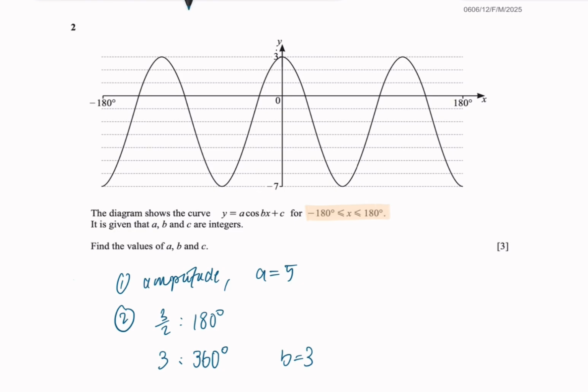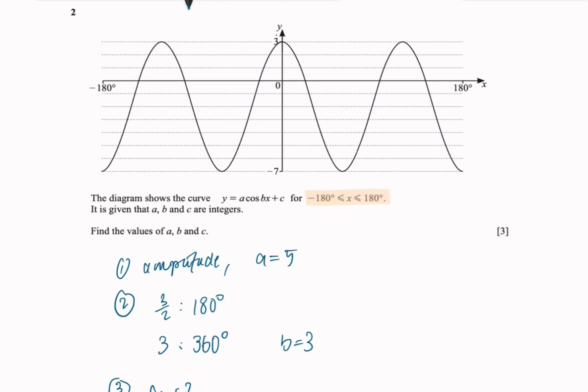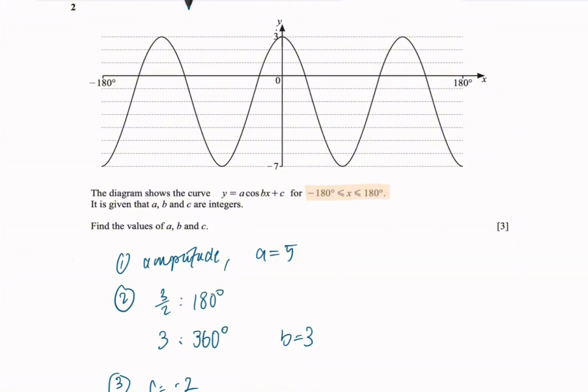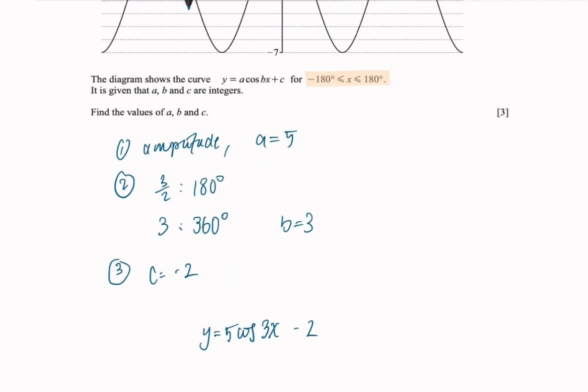So c will be minus 2 since it's moving down. The negative sign shows that it's moving down; if it's positive, it's moving up. Now you can rewrite this as 5 cos 3x minus 2. But actually they want you to find the values of a, b, and c, so you don't really need to write this, but you can also write it.